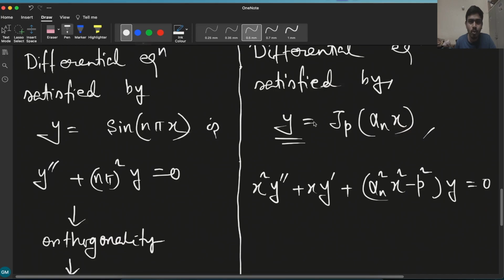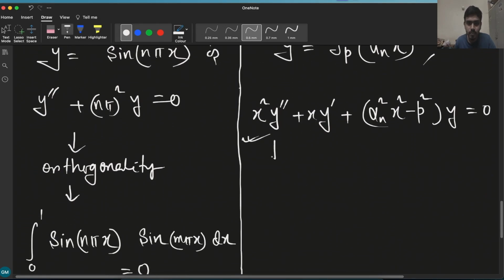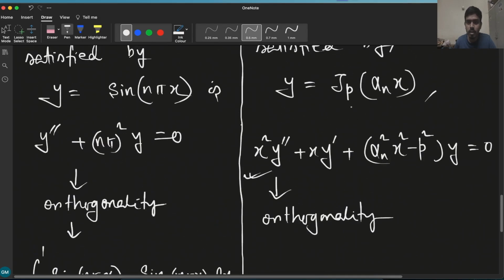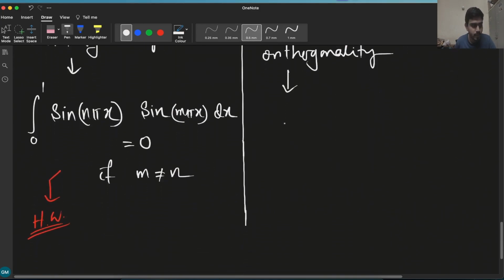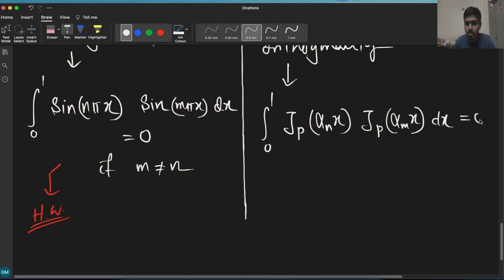So our new function y, which is defined like this, satisfies this differential equation, and the orthogonality for this J_p of alpha n x is defined like this: integral from 0 to 1 of J_p(alpha n x) times J_p(alpha m x) times x dx equals 0 if m is not equal to n.